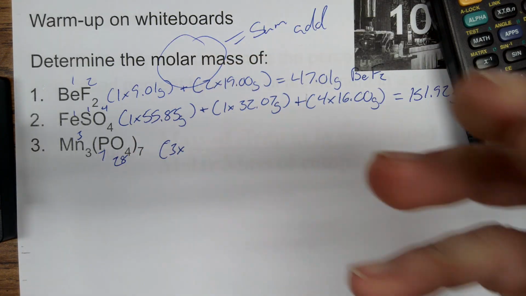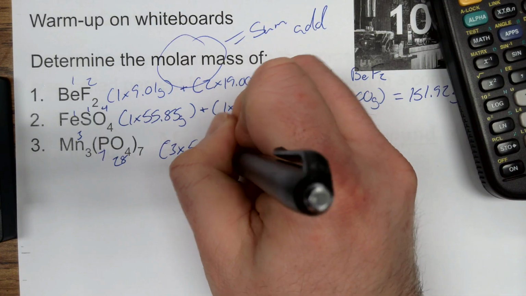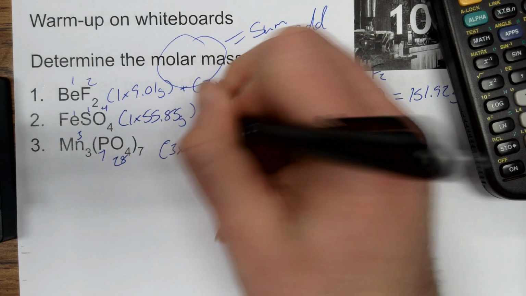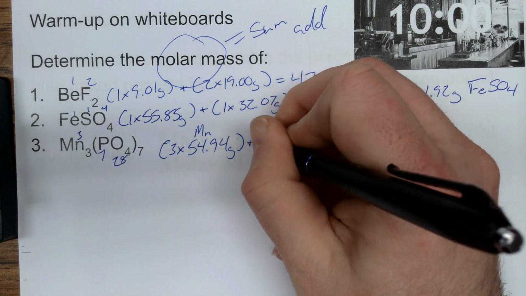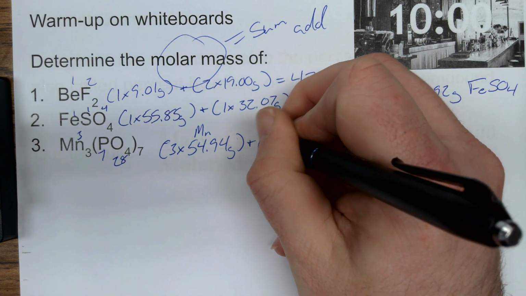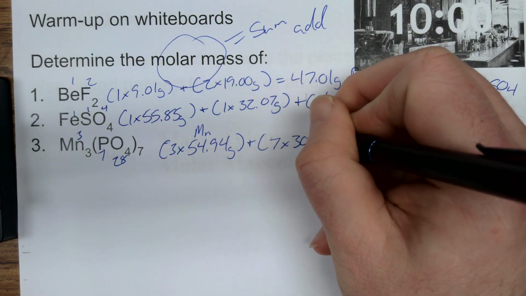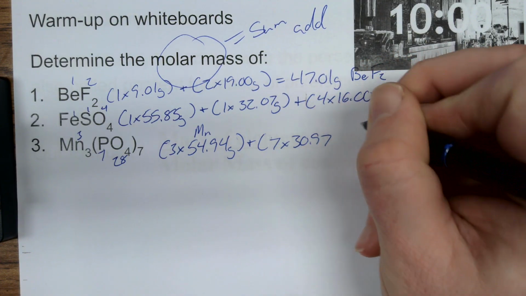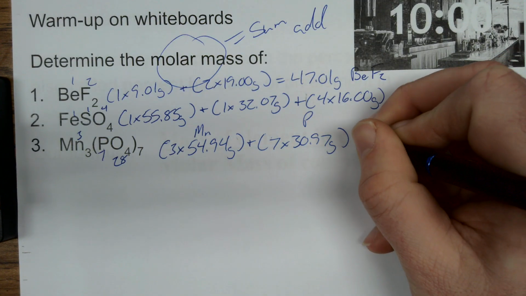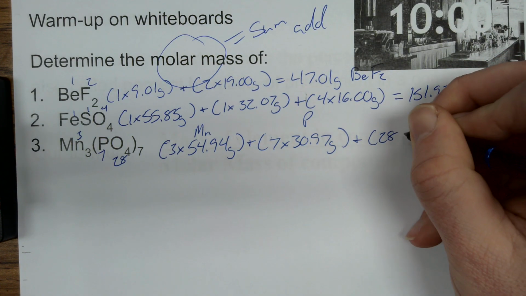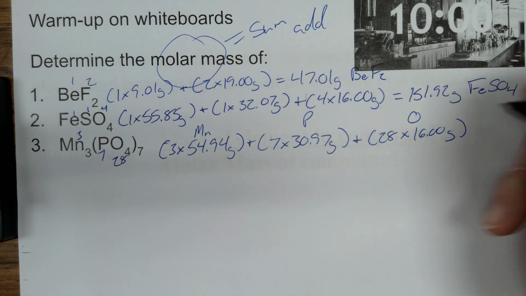3 times the molecular weight for manganese, which is 54.94 grams. Because I got a bunch of them, I'm just going to label them real fast. Plus 7 times for phosphorus, 30.97 grams. That's my phosphorus. Lastly, my oxygen, 28 times 16.00 grams for oxygen.